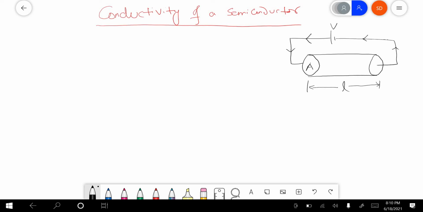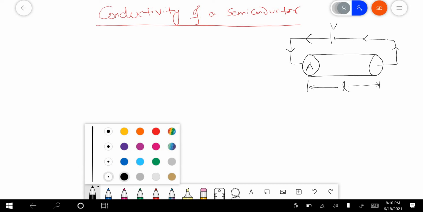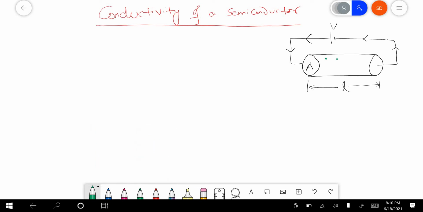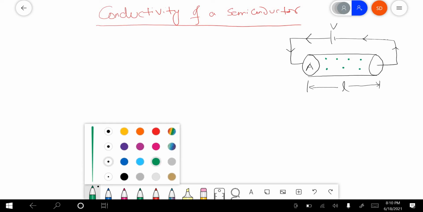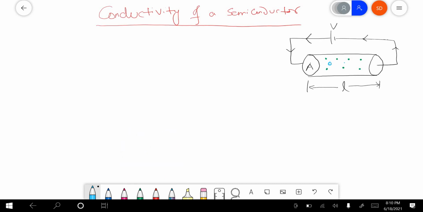Now this semiconductor material will consist of both electrons and holes. For example, these green dots are the electrons, and these blue ones are the holes.